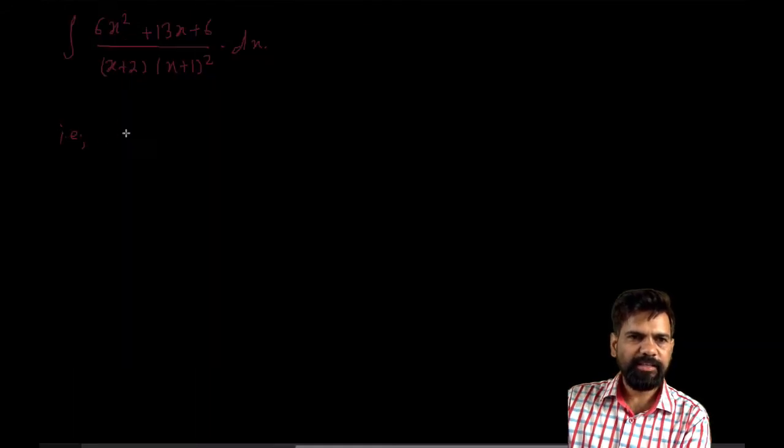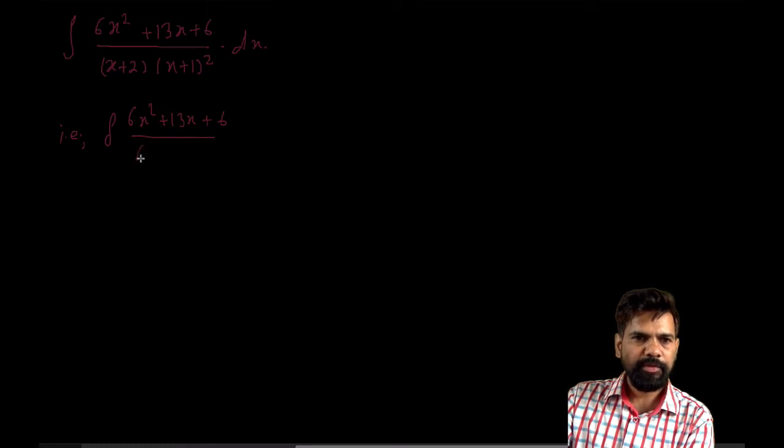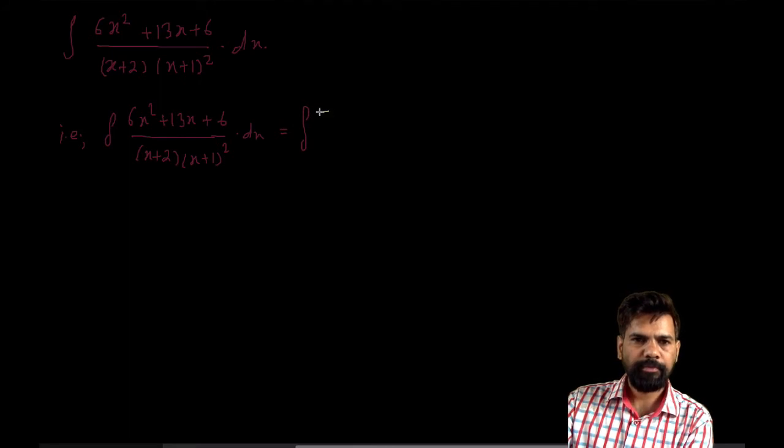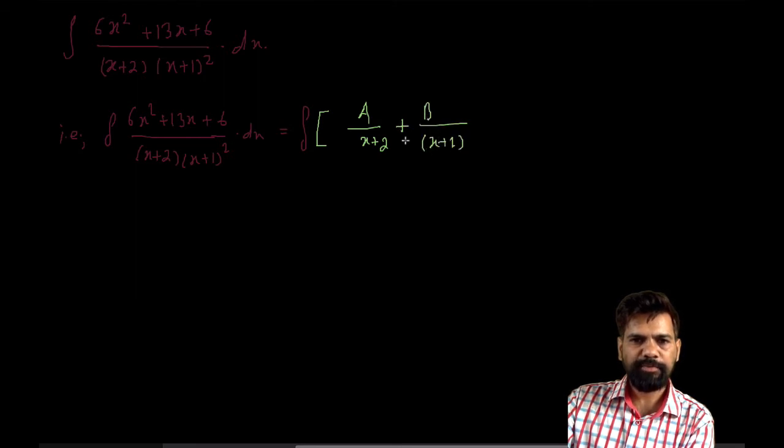That is, we can rewrite the integration of (6x square plus 13x plus 6) over (x plus 2)(x plus 1) whole square dx into the form of integration of the bracket A over x plus 2 plus B over x plus 1 plus C over (x plus 1) whole square dx.